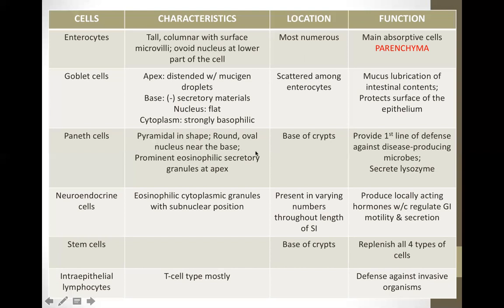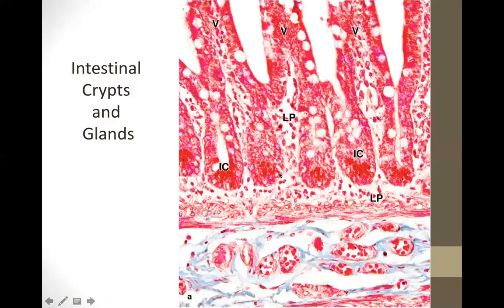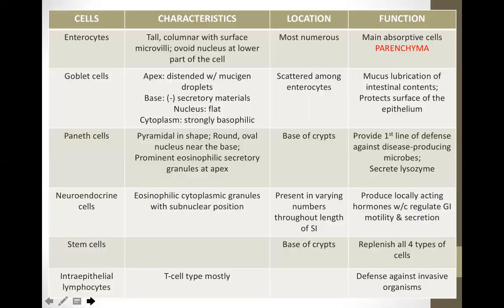They have prominent eosinophilic secretory granules at the apex. Look closely. Nakita niyo ba yung red? Kaya nga siya kita-kita sa crypts, sa base ng intestinal crypts. Those are your Paneth cells. Yan, Paneth cells, they provide the first line of defense against disease-producing microbes by secreting lysozymes.